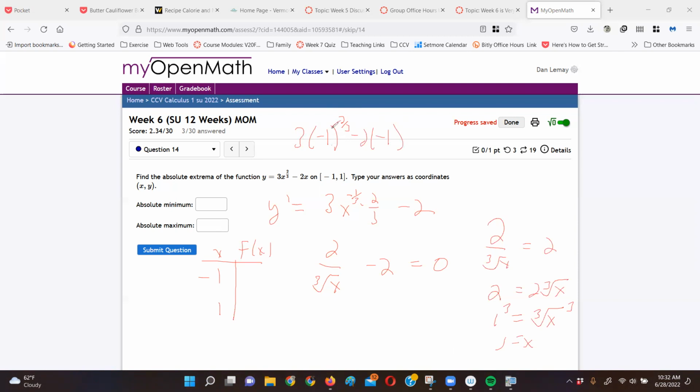I could write this as 3 times the cube root of negative 1 squared. It's perfectly okay to write it that way. Negative 1 squared is positive 1. The cube root of 1 is 1. Times 3 is 3, and then minus 2 times minus 1 is 2. So 3 plus 2 should be 5.